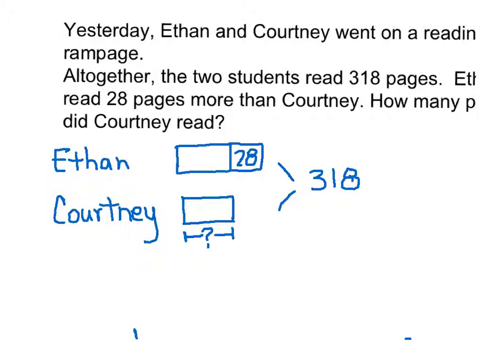Okay, when I look at this drawing, I see I have 2 boxes of equal size. One of them has 28 attached to it. So I would like to get rid of that 28, which I can do by working 318 minus 28.